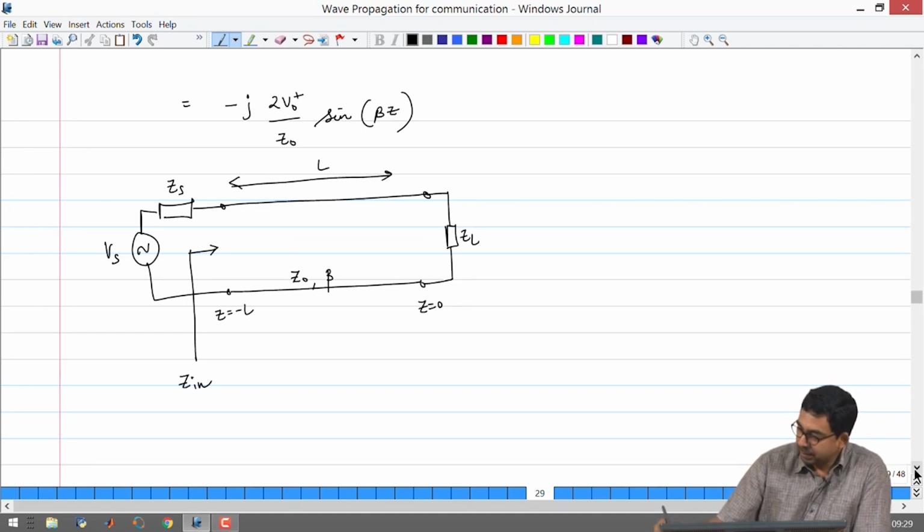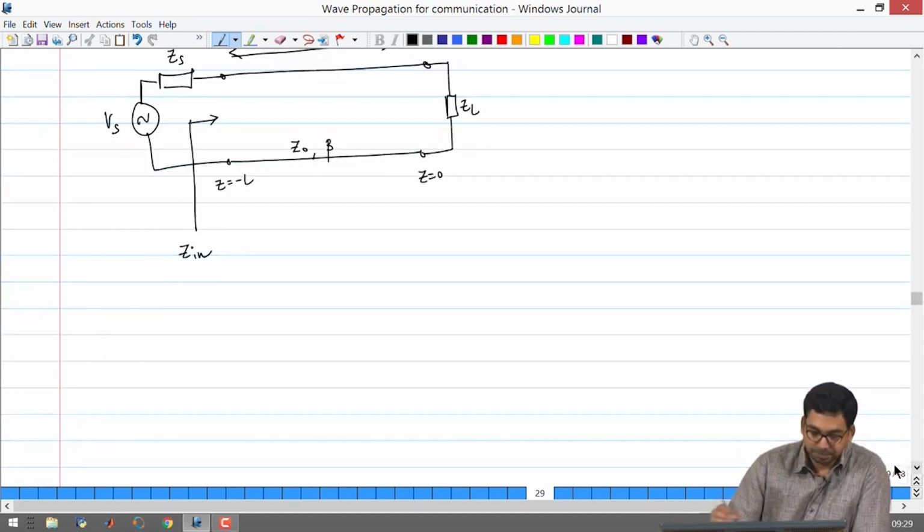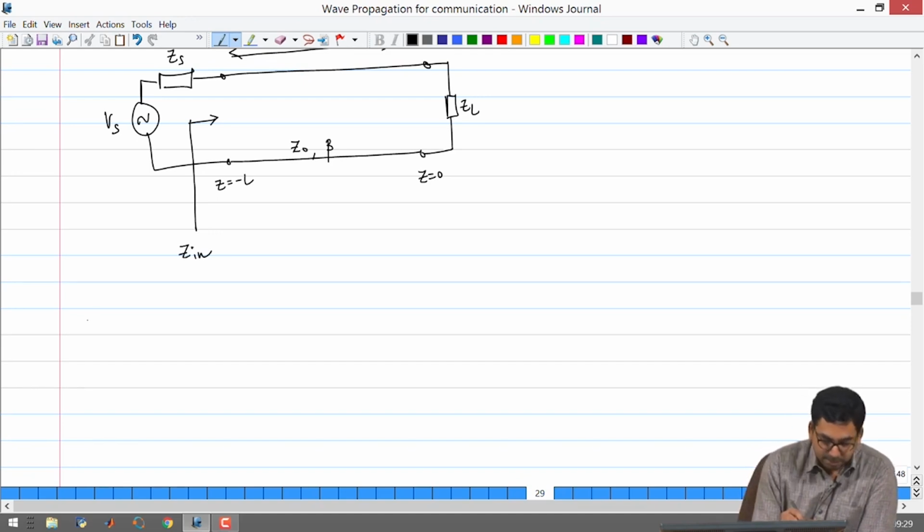So, let us take the scenarios. I can start with the expression for what will happen at the input, which is V at z equal to minus L in our expression.